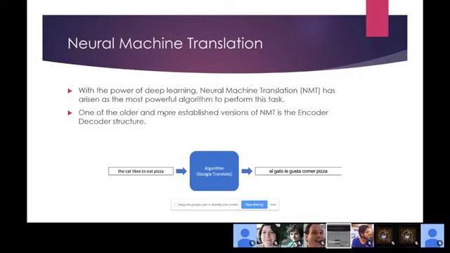And coming to our main project, neural machine translation. The ultimate goal of neural machine translation is to take a sentence in one language as input and return the translated sentence in a different language as output.